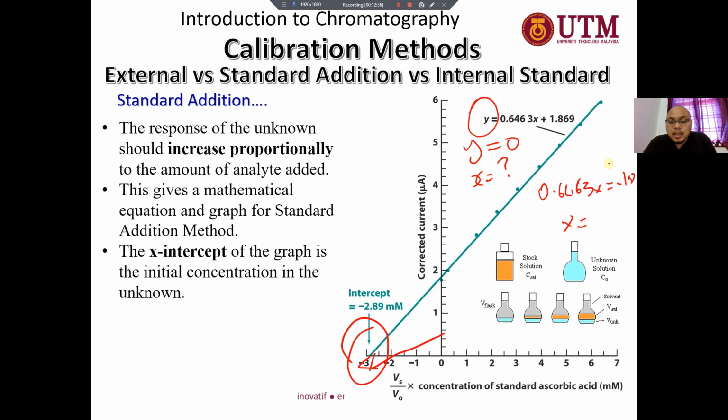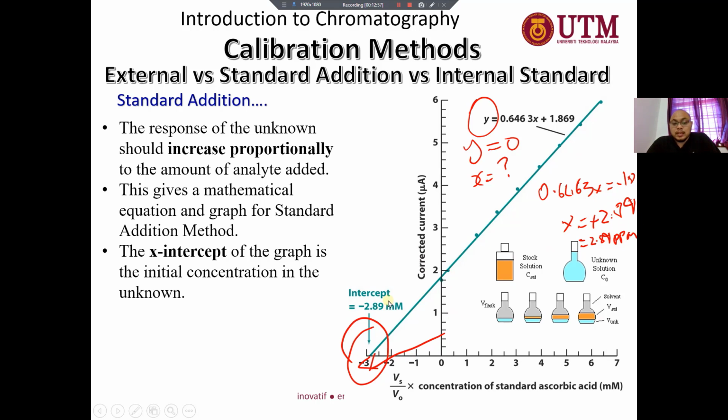So you get negative 2.89. You just need to change it to a positive sign, so it will be 2.89 ppm. Okay, it will be 2.89 ppm.